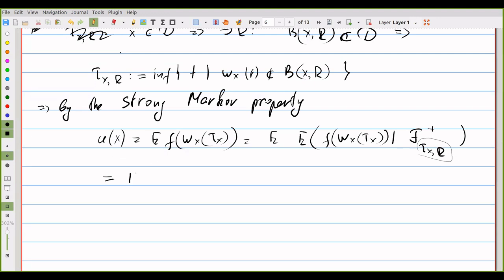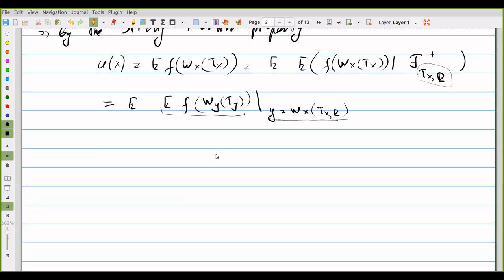So it's just the mathematical expectation of f of the process started at the random point. So we start anew, but with a random initial condition. So this new process is independent of this, so we can just integrate here.